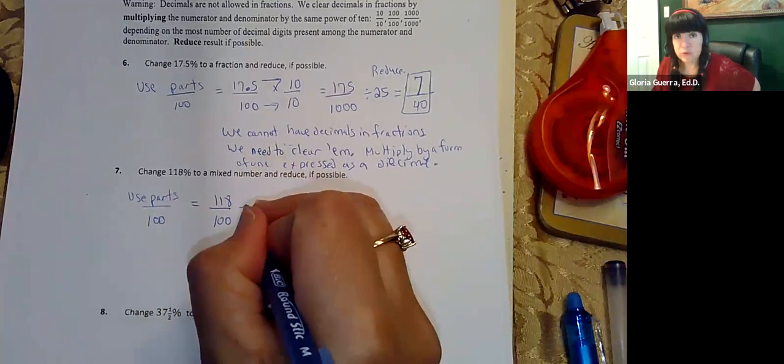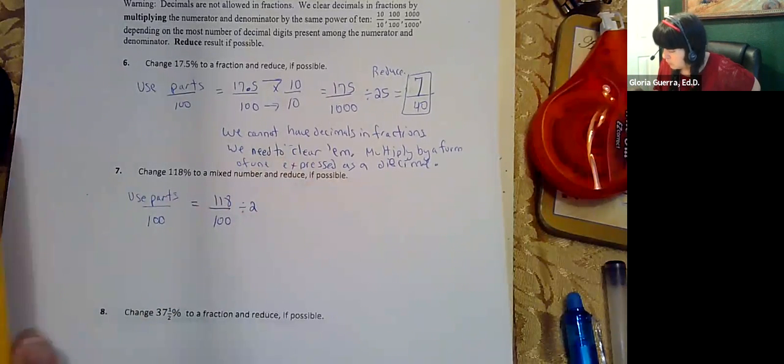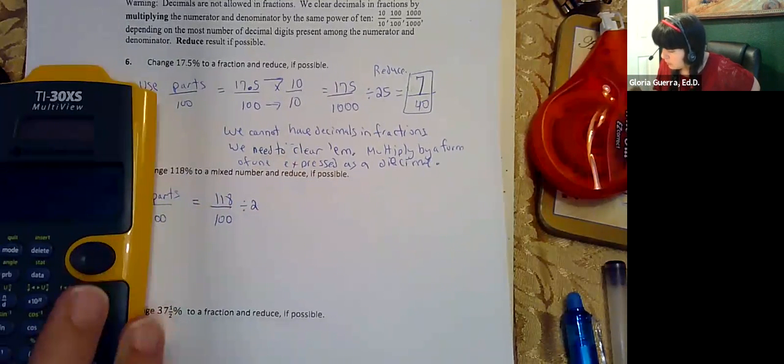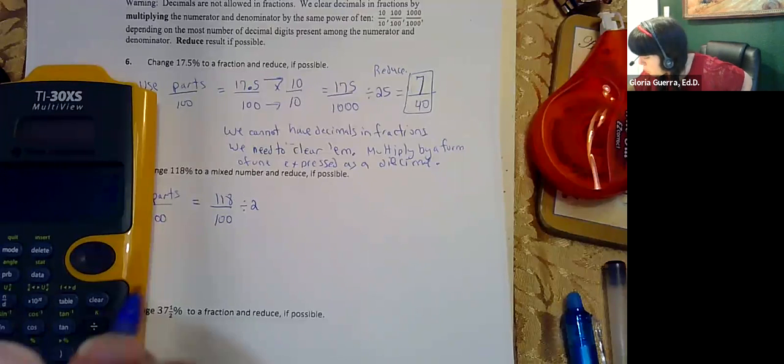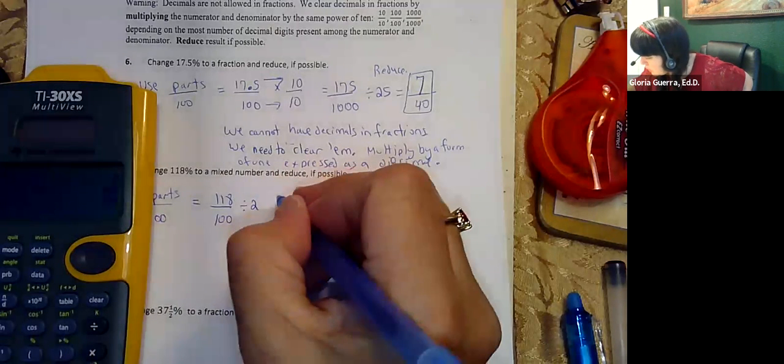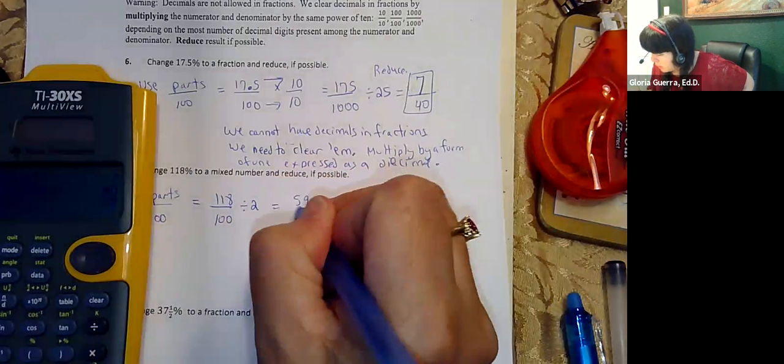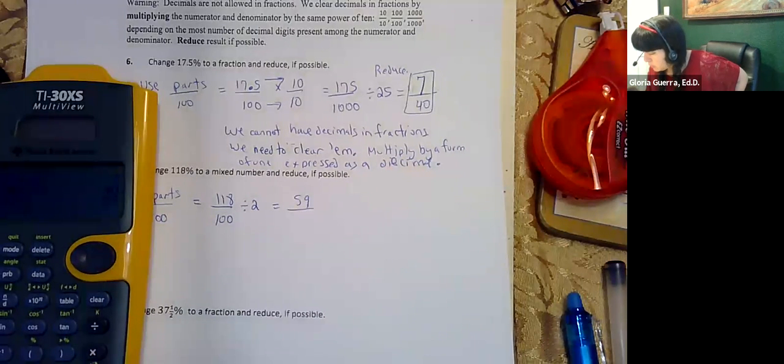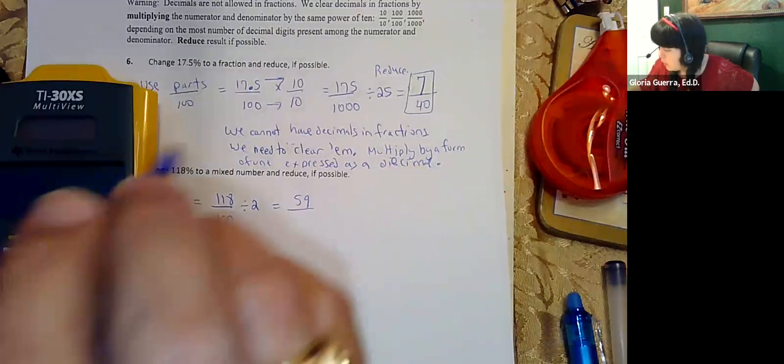Even numbers are reducible by 2. So 118 divided by 2, looks like that's 59. And 100 divided by 2, looks like that's 50.